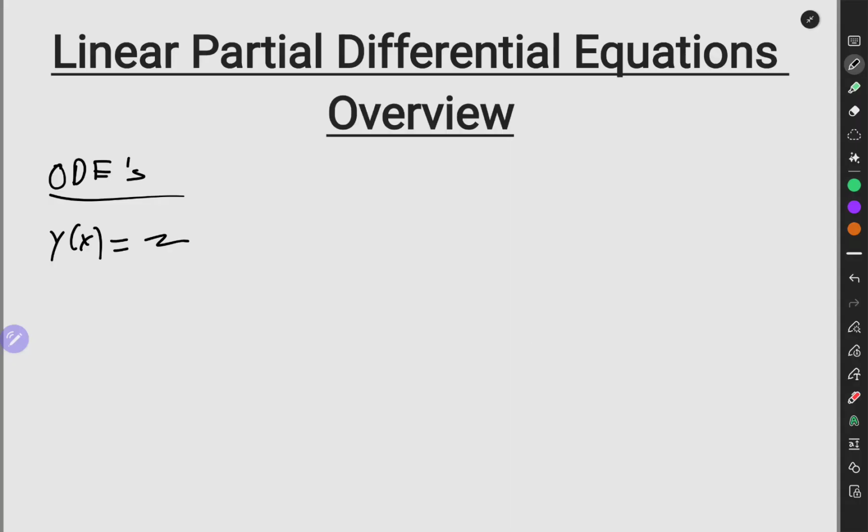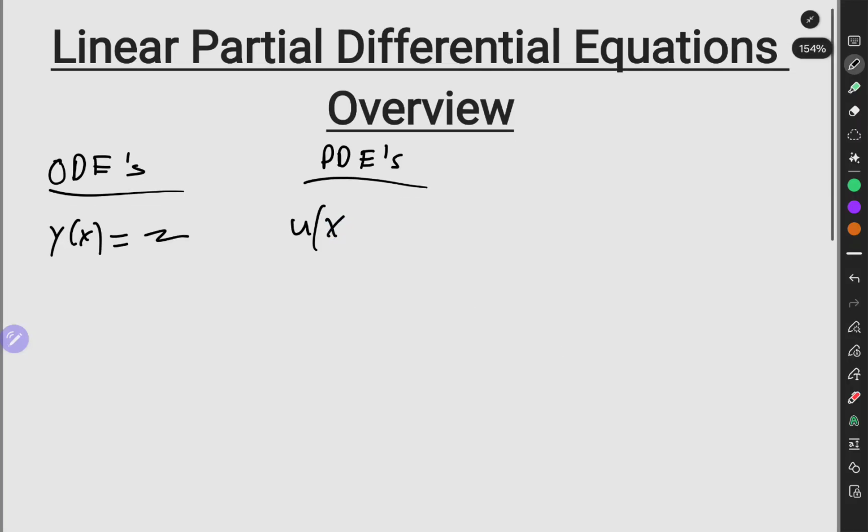But now for PDEs, this is where everything changes. Typically for PDEs, we write our solutions with a u. And then in PDEs, typically the equations will now deal with time on top of x.